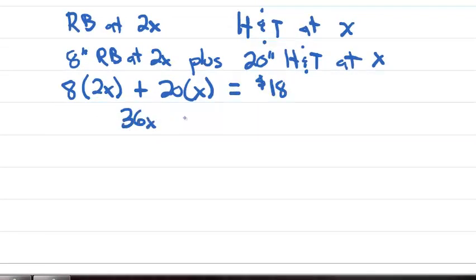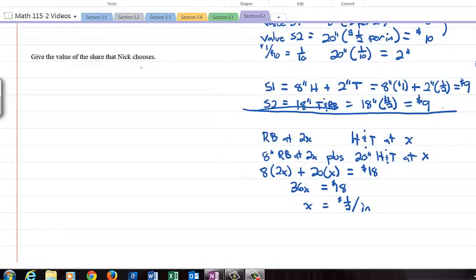Adding this together gives me 36x equals $18. And again, for Nick, x equals $1/2 per inch.